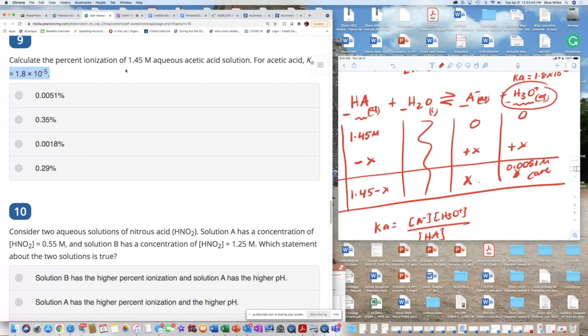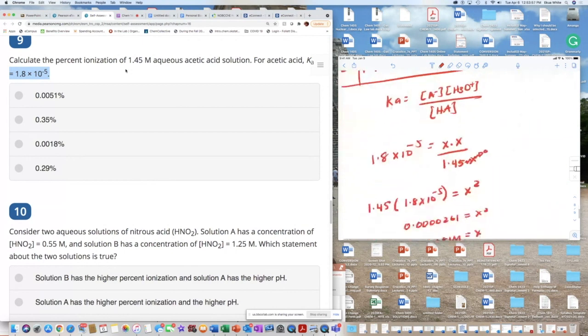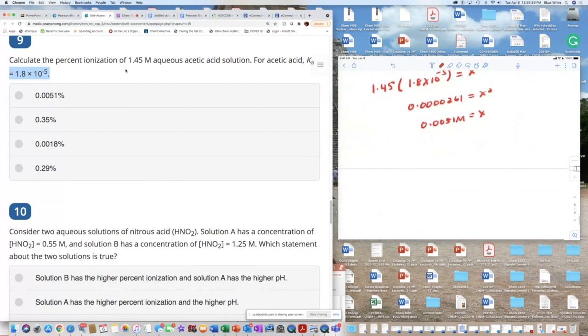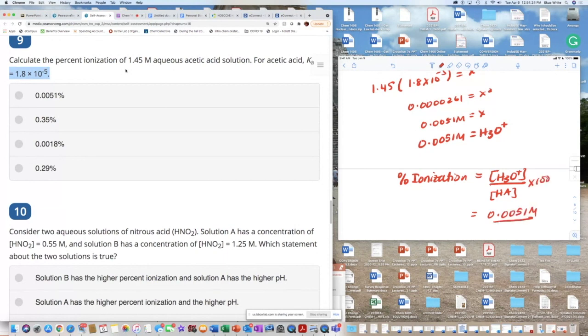All I care about is this one here, right? I was about to say pH. No, I care about this because this one here is the number I move on with in my next formula. My percent ionization is going to be the concentration of H3O plus over the concentration of the original acid, which is going to be 0.0051 molar, times 100.